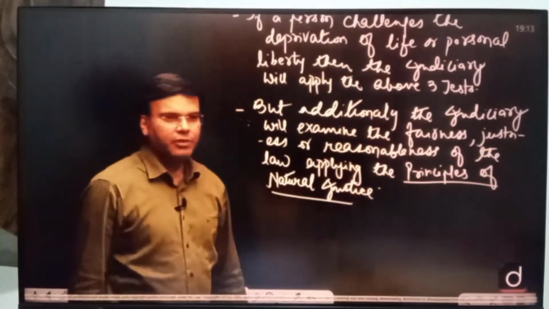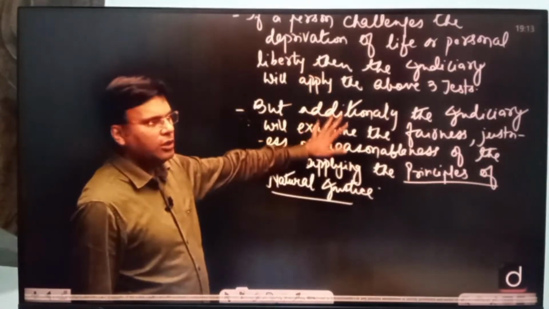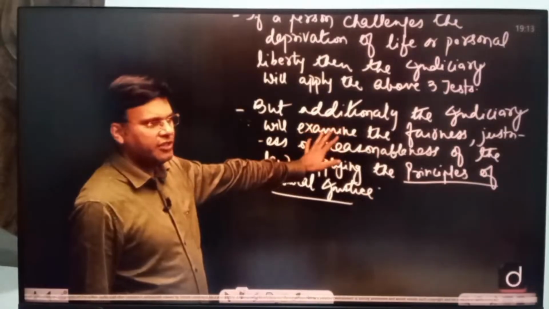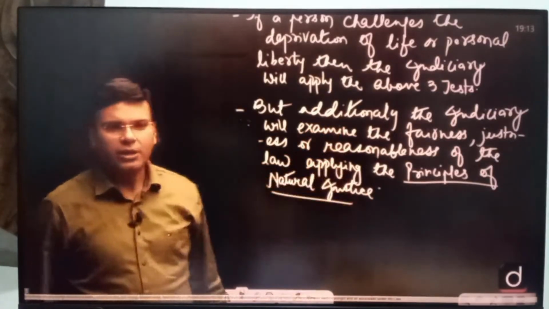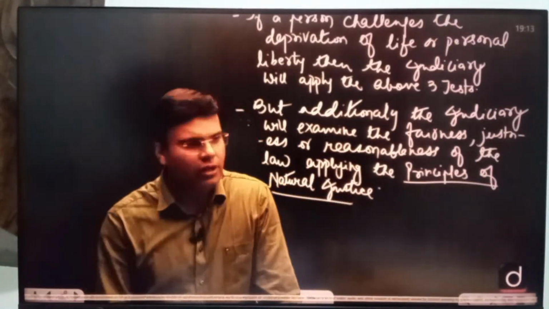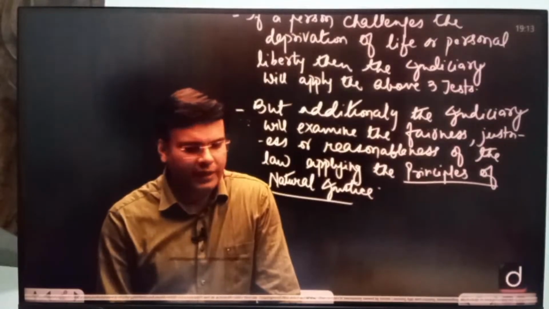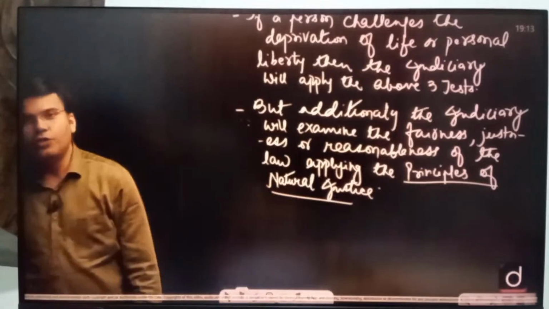And if even the above 3 tests are passed, but if the law is not found to be just, fair and reasonable by the application of the principles of natural justice, then what will happen? That law will be declared unconstitutional, illegal, null and void. That is what will happen with countries which operate on the doctrine of due process of law.